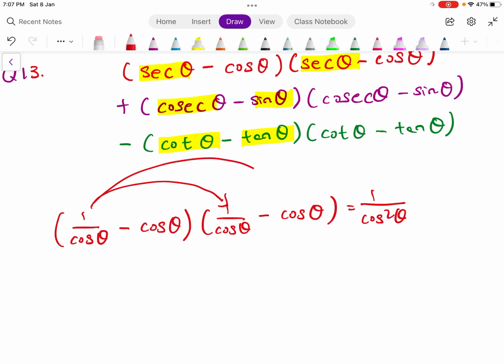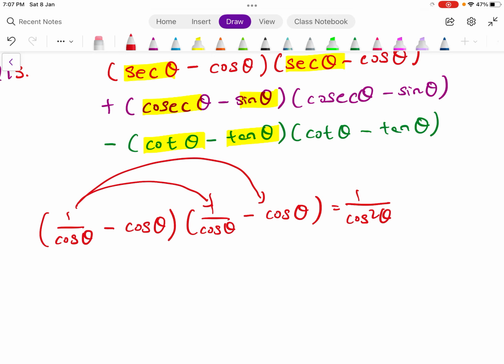Then the second term is where the cancellation is: 1 over cosine theta times minus cosine theta, you should get minus 1. Then minus cosine theta times 1 over cosine theta is minus 1. Then last but not least, plus cosine square theta.